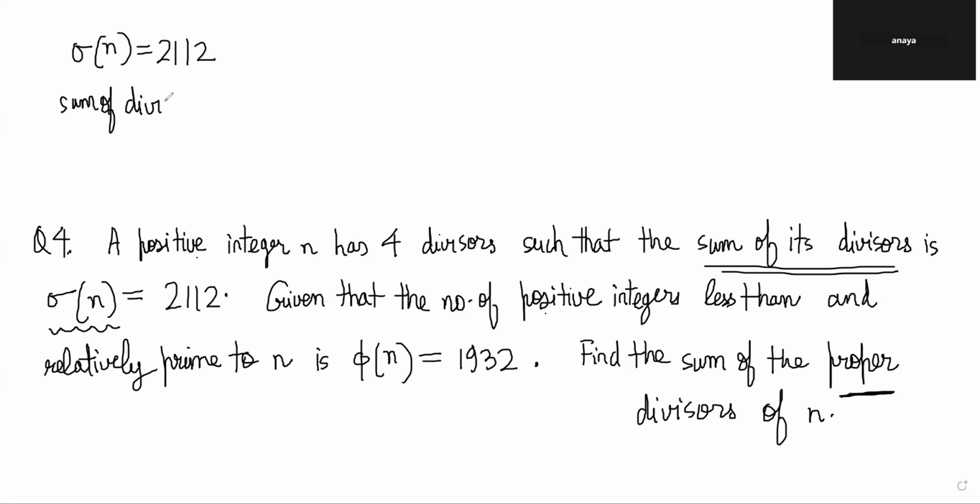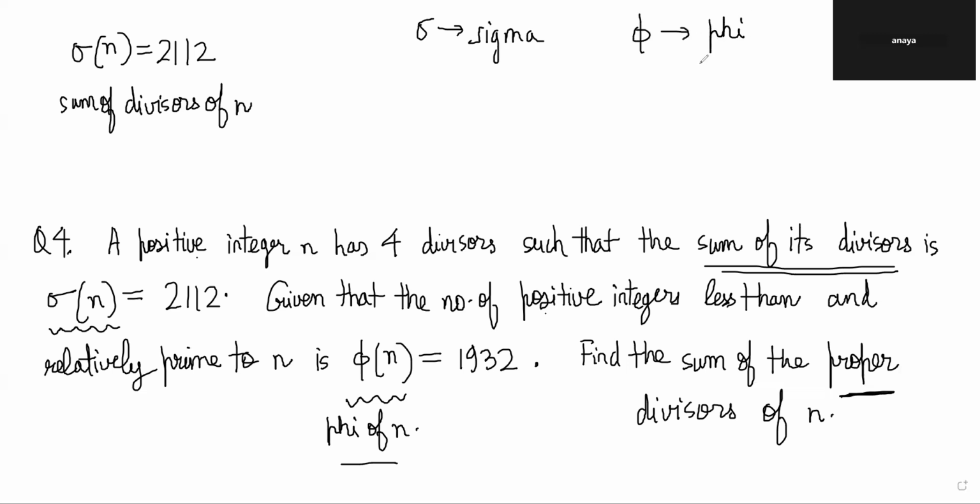And then the number of relatively prime integers less than n is that one. Pi of n. Okay. This is sigma, this is pi. Okay, all right. Thank you.